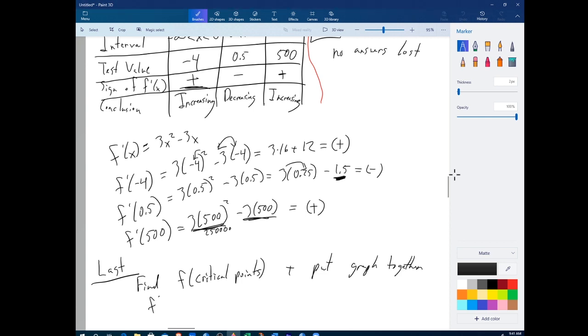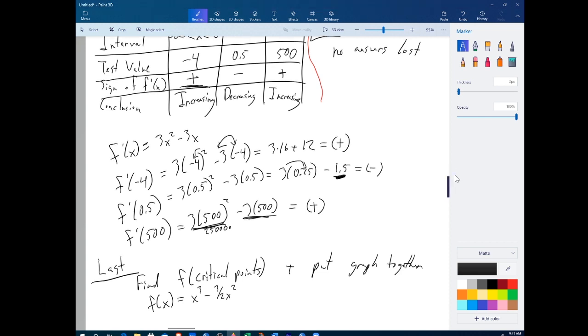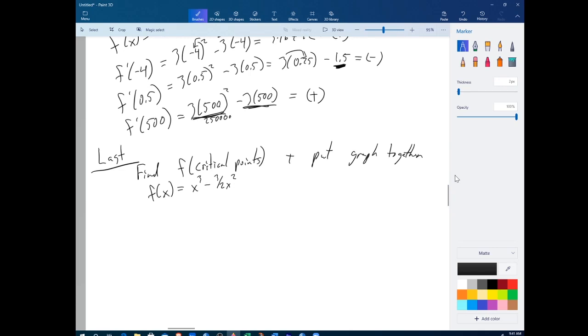So, just as a reminder, the original function, which you actually should have in front of you, was x to the third minus 3/2 x squared. I'm going to have to do some scrolling back and forth. It actually should be easier for you if you're all on the same page. So in other words, what I'm saying is, let's find these values. And so we can have some actual points that are anchored to the graph.